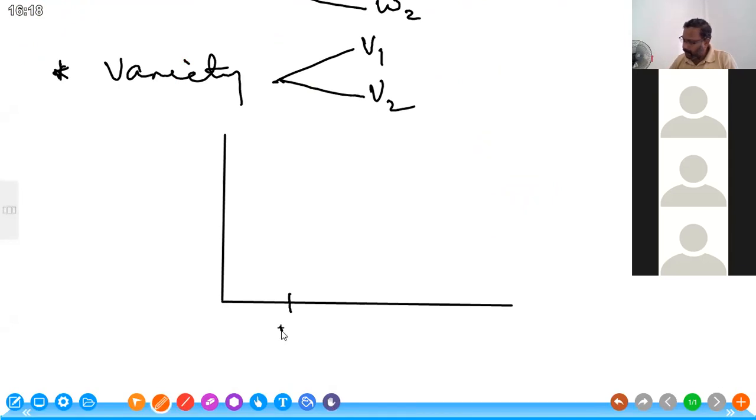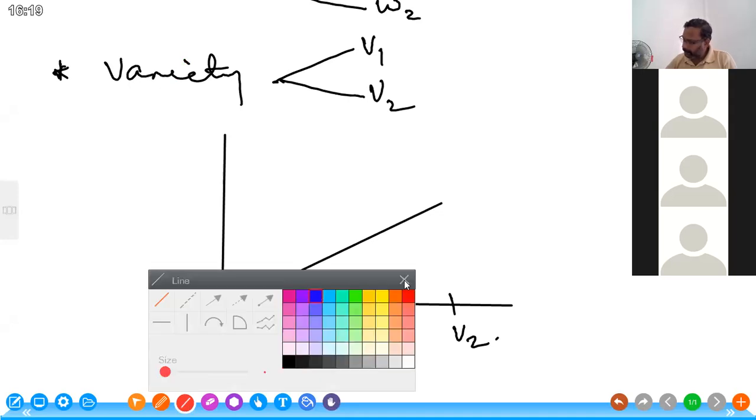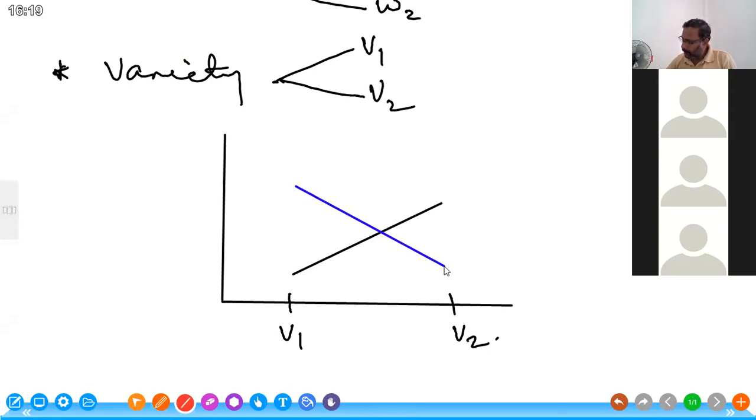Let's say this is V1, this is V2. As an example, I am just overlaying these 2 maps.